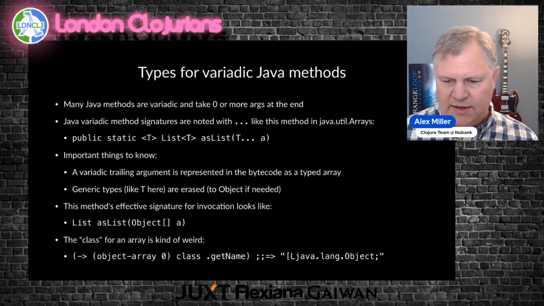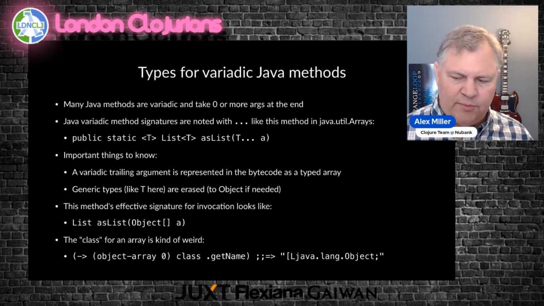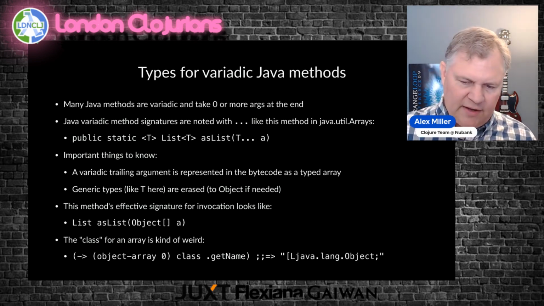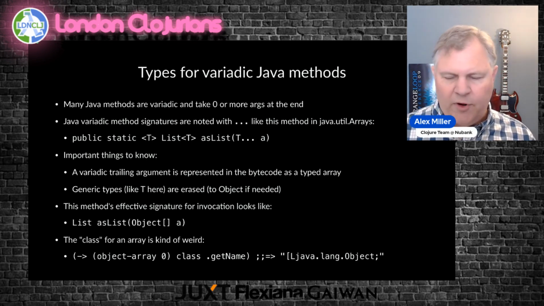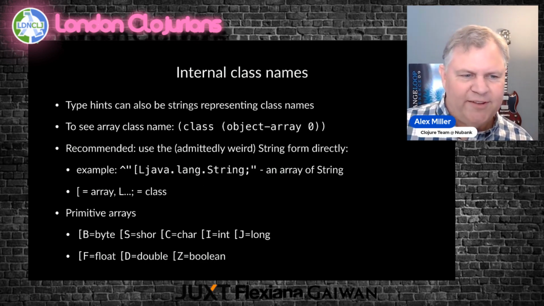The open bracket indicates an array, and then the L java.lang.Object semicolon is the Java internal name for an object type. So you can actually use that as a type hint, which is not obvious to anyone. So don't feel bad if that's confusing.